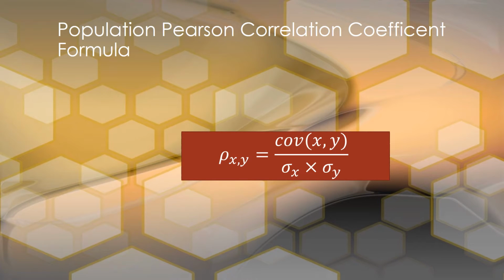So in this video, I'm really just going to show you the quickest way to calculate the sample Pearson correlation coefficient. And I know right now I have the population Pearson correlation coefficient formula up here, but what ends up happening is the population and the sample formula end up being the same thing when you do a little bit of math.